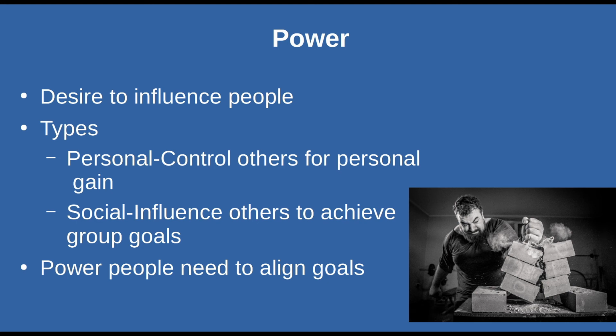Now, social power, if you will, is influencing others to achieve group goals, so a greater good beyond the individual. Now, children are a little bit younger for this. They haven't quite picked up the sophistication for distinguishing between these two many times, at least not until high school. But you're going to come across people who are trying to lead others for themselves or lead others for the sake of some greater goals.